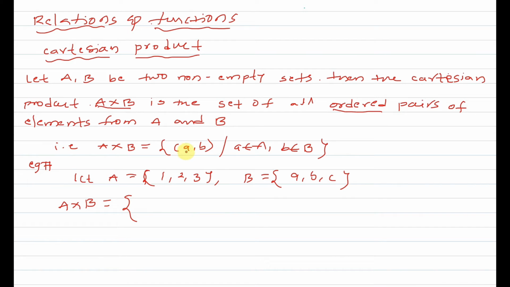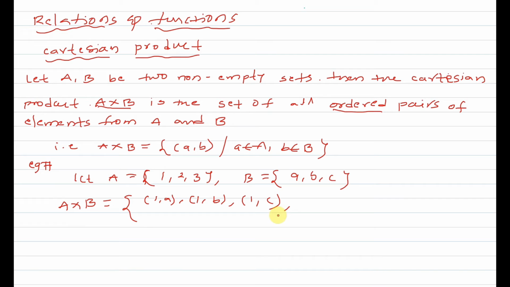In the ordered pair, the first element must be from A, the second element must be from B. So I am taking (1, a), (1, b), (1, c). So 1 is mapped with a, b, c.